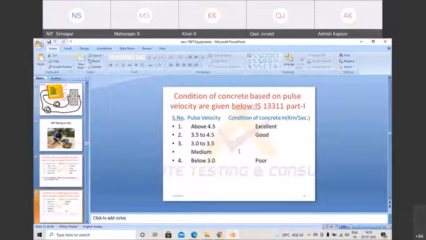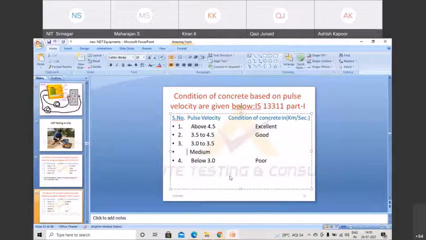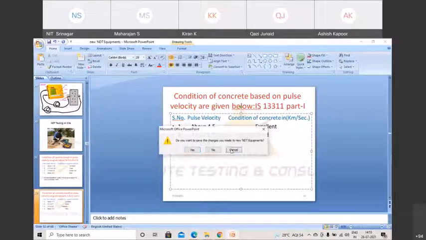And initially, what was the condition? This is the condition of your previous code. Above 4.5 it was excellent, 3.5 to 4.5 is good, 3 to 3.5 is medium, and below 3 is poor. At that time there was a clause of medium, but in the new code there is no clause for medium quality, there is doubtful. So I think now you understand this.